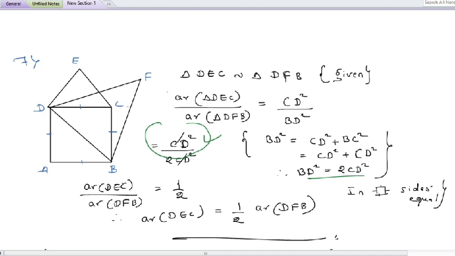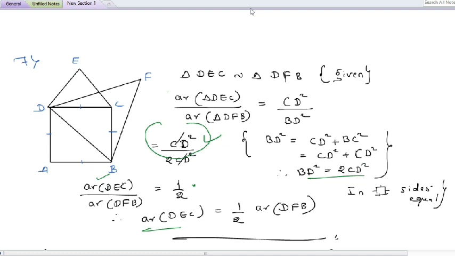So, we can write area of DEC divided by area of DFB is equal to 1 by 2. This area of DEC can be written as area of DEC is equal to 1 by 2 into area of DFB, hence it is proved.